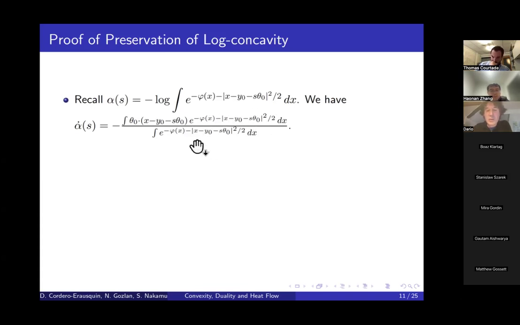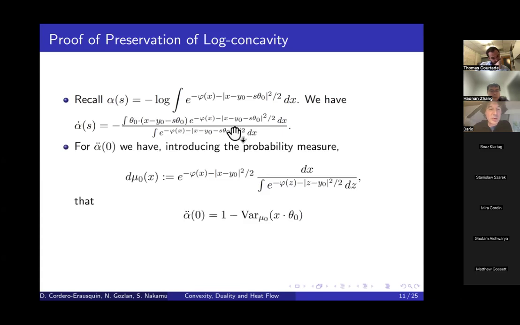So I will give a name to this, which gives you a probability density, and I will compute one more derivative in s at 0. I will call mu0 just this probability density here, and I compute one more derivative in s. When I take the derivative here, it gives me θ0, θ0. If the signs are not wrong, this is just 1, because it's a probability density.